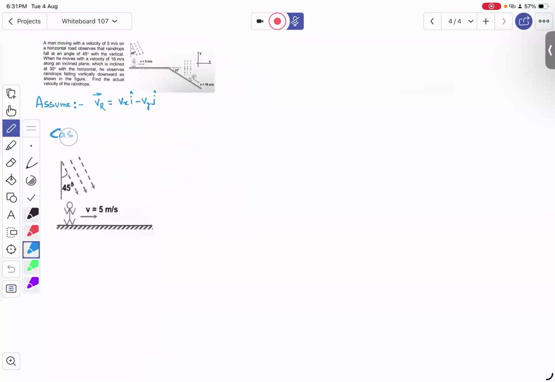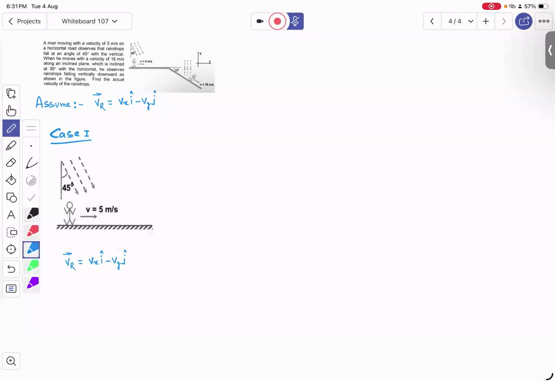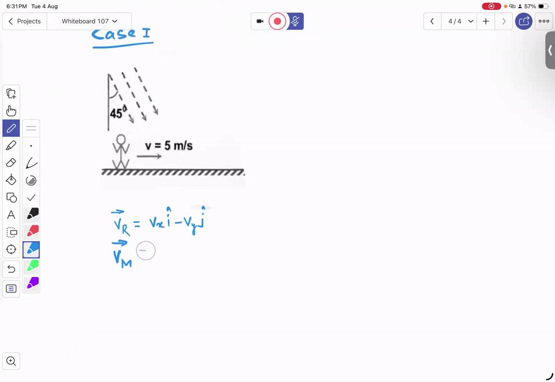This is our case 1. So in this case, we have assumed the velocity of the rain, and the velocity of the man is given to us as 5 along the plus x direction. No? So the velocity of the man is 5 i cap.